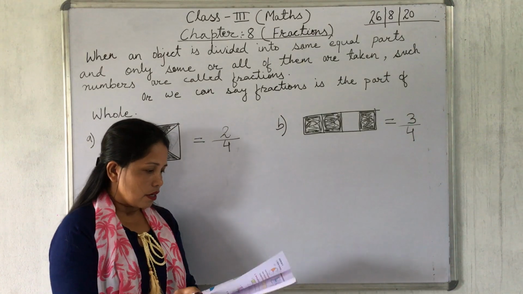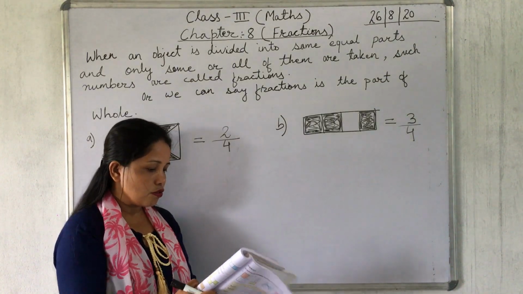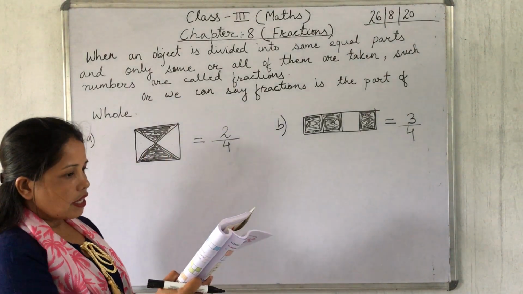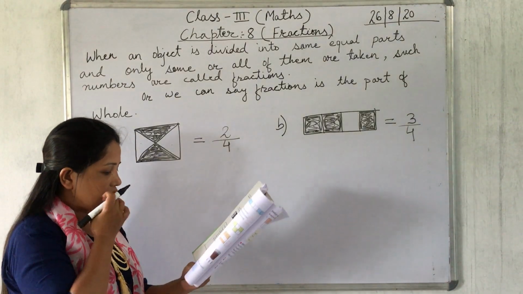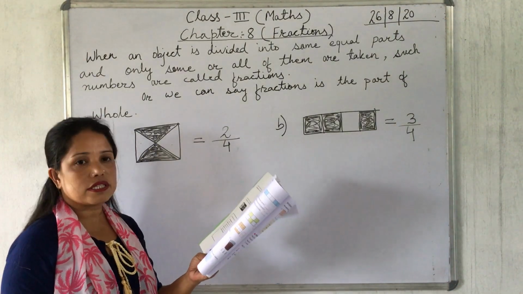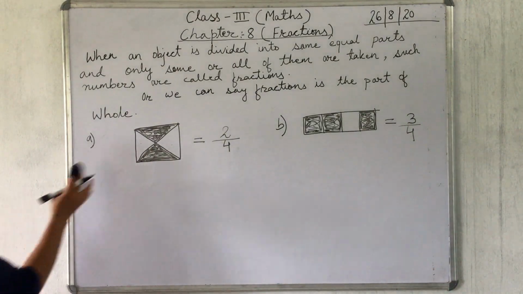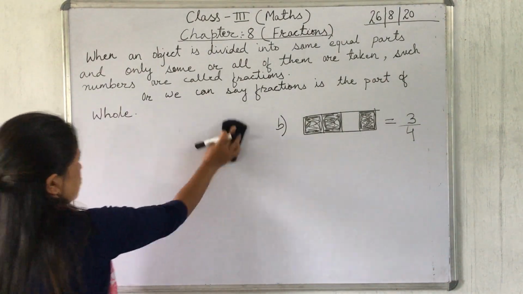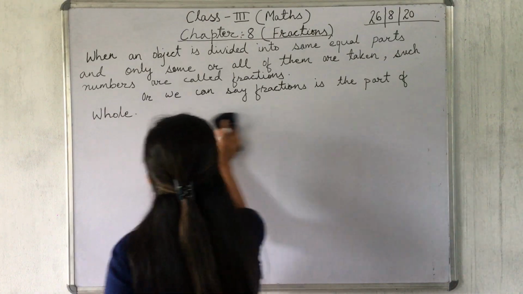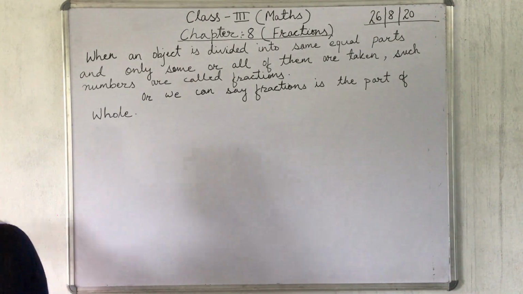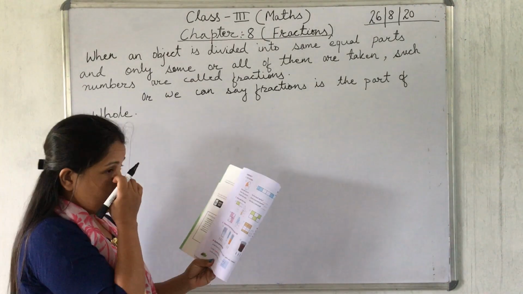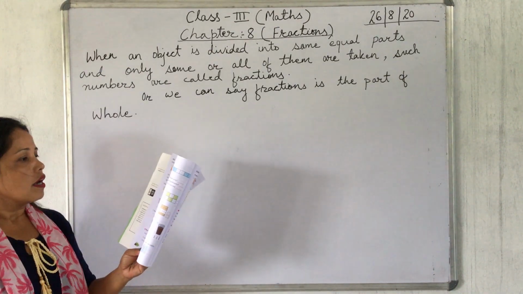Understood? Now, similarly, we will do exercise 4. Understood? It is there in your book, page number 114. Now, here see, fill in the blanks is there.